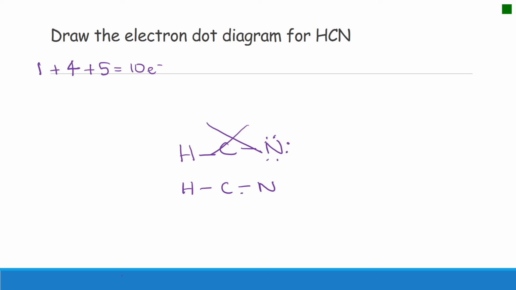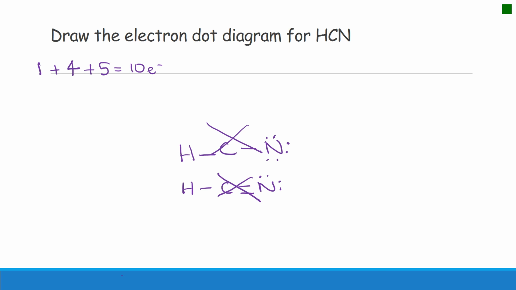This time we're going to put a double bond between carbon and nitrogen. We cannot make a double bond with hydrogen because it's not capable of taking more electrons. Complete the octet for the nitrogen, 2, 4, 6, 8. Check our electron count, 2, 4, 6, 8, 10. Does our central atom have 8? 2, 4, 6.